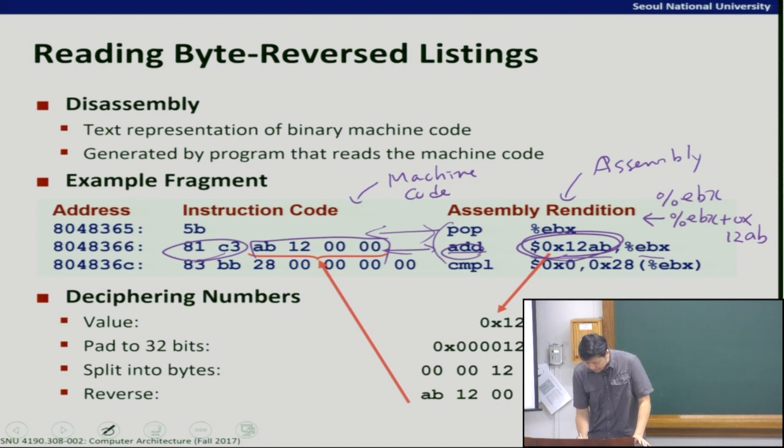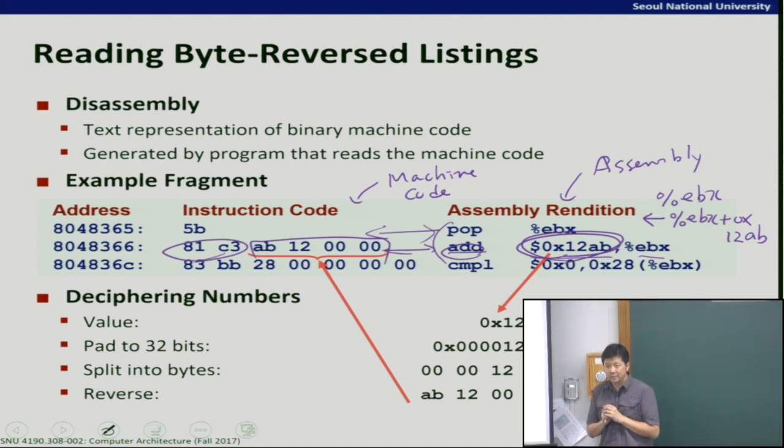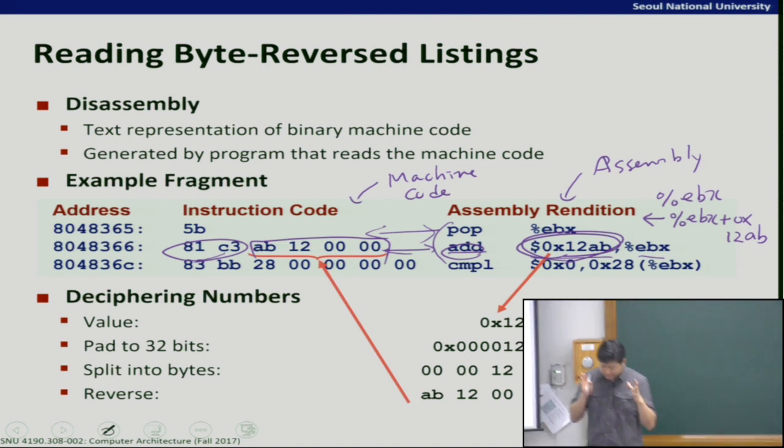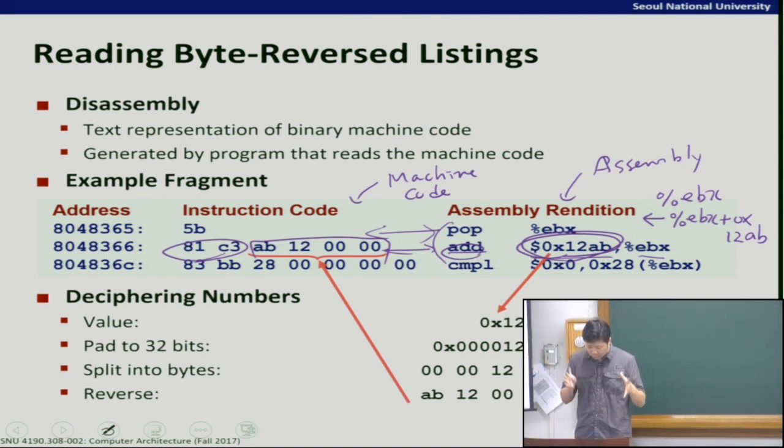this number must first be extended to 32 bits, and then we split this 32 bits into 4 bytes, and then take the little endian representation in this Intel architecture. The LSB, the least significant byte, will be placed in the lowermost address.